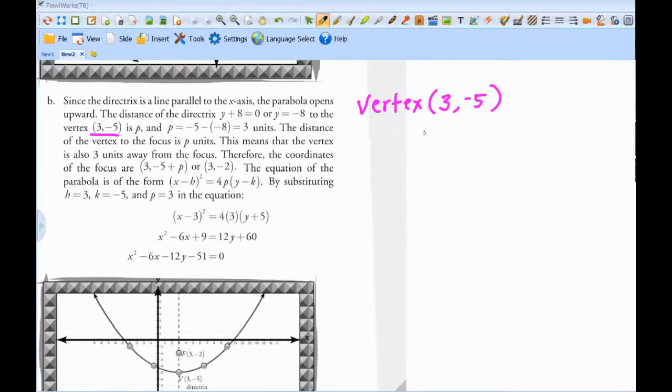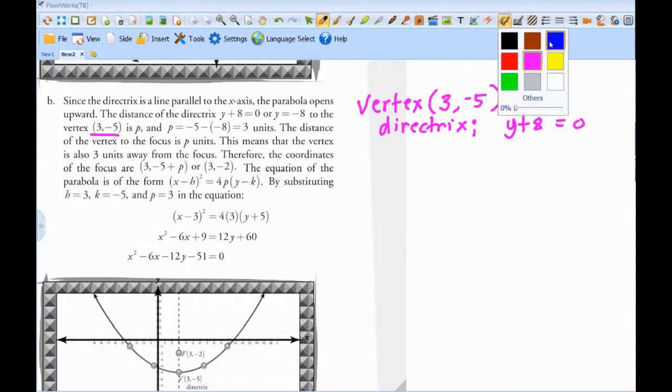And then the directrix has y plus 8 equals 0. That's the given. Okay. So what are we going to do here? We have to solve. So the vertex is at, again, HK, right?